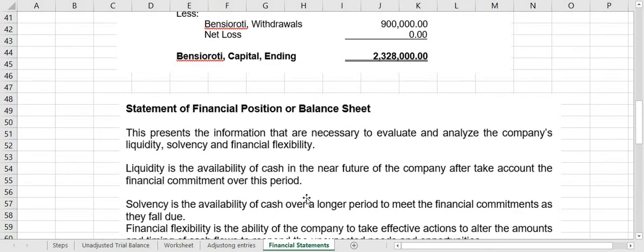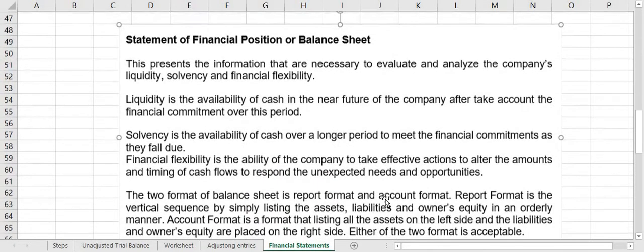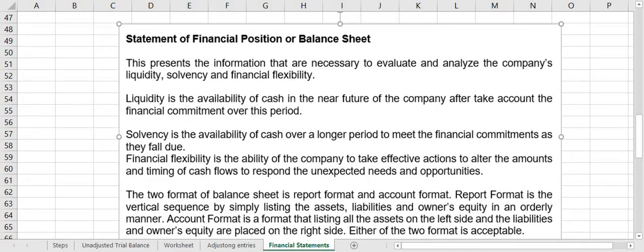So, next is the statement of financial position or balance sheet. Again, a balance sheet presents the information that is necessary to evaluate and analyze the company's liquidity, solvency, and financial flexibility. When you say liquidity, it is the availability of cash in the near future of the company after taking into account the financial commitment over this period.